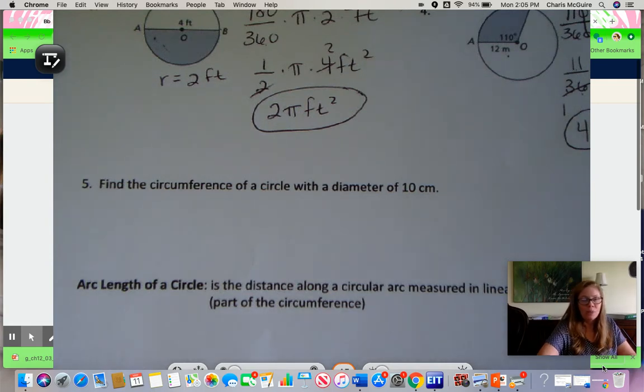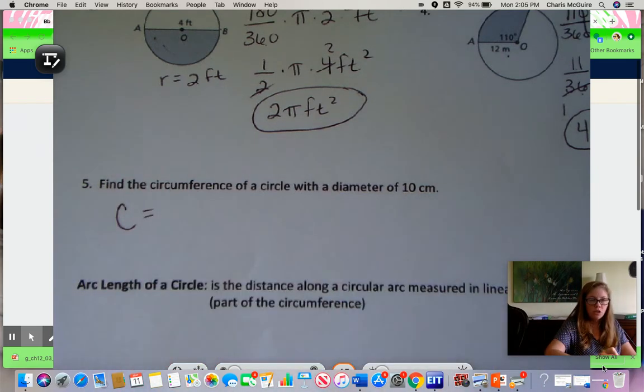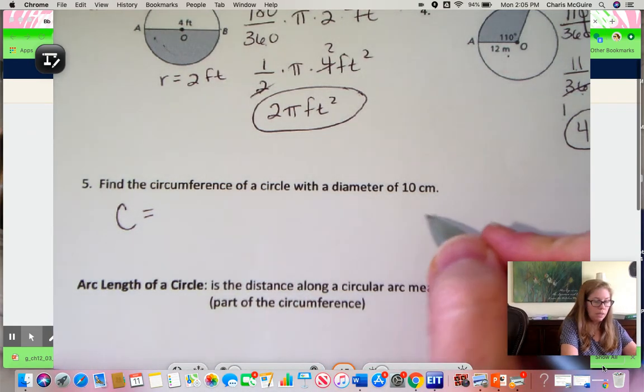This one's super simple. The circumference of the circle is just going around the outside. That is the perimeter, right? Perimeter is not area. It is just a unit of length. It's the distance around the circle. So you're going to use not square units, but just linear units here.